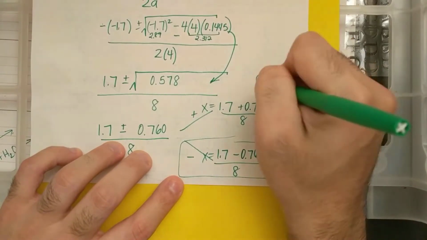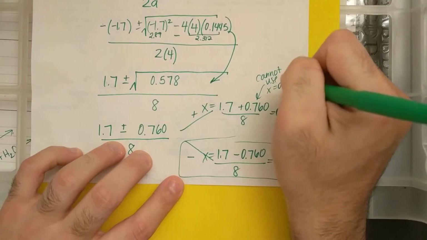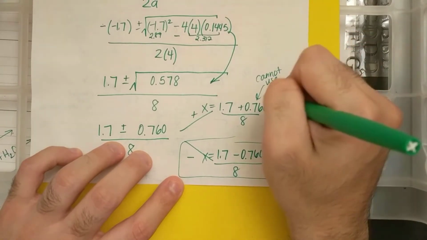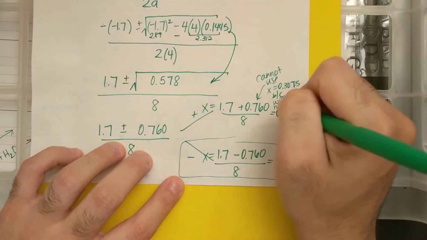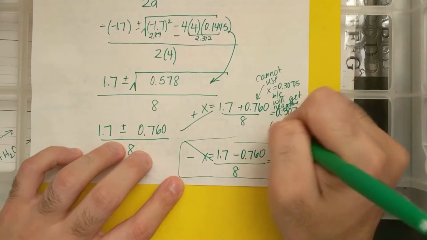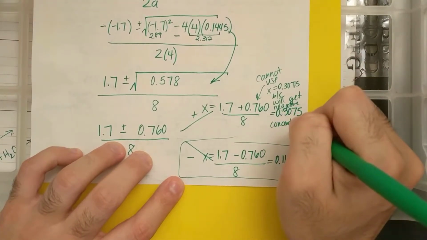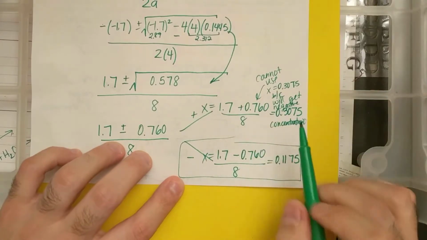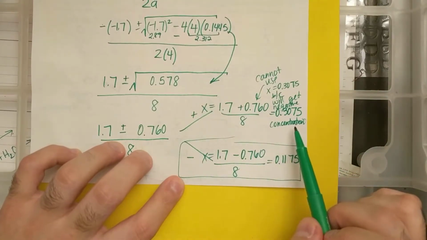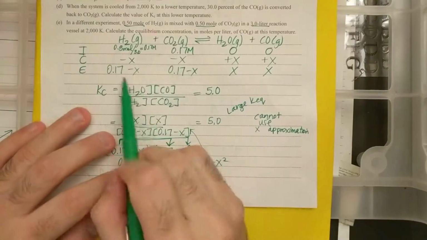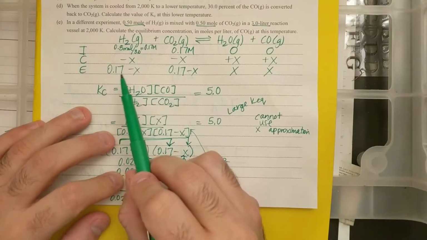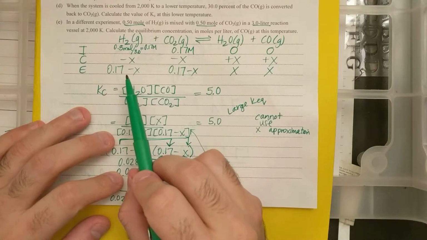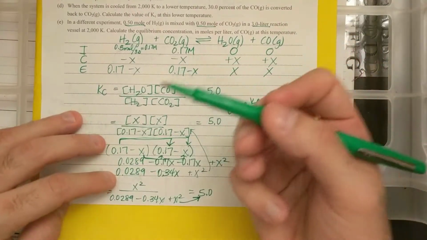I cannot use x equals 0.3075 because we'll get negative concentrations. I know I wrote all over this, but I'm hoping you heard that, right? If I plug 0.3075 back into here, I'm going to get negative reactant values. That's not okay. I can't have negative matter.